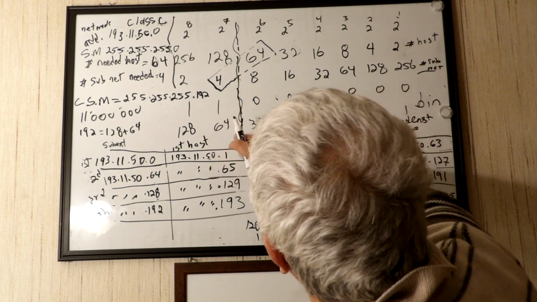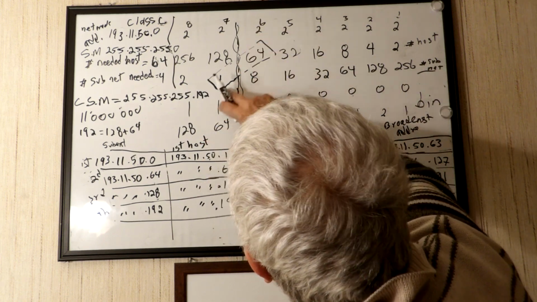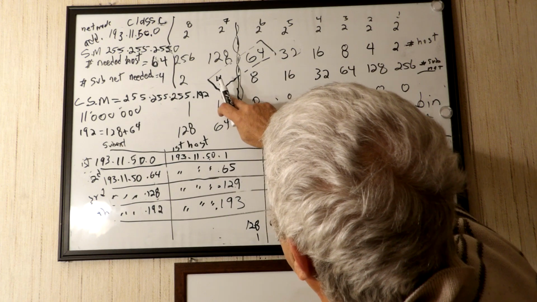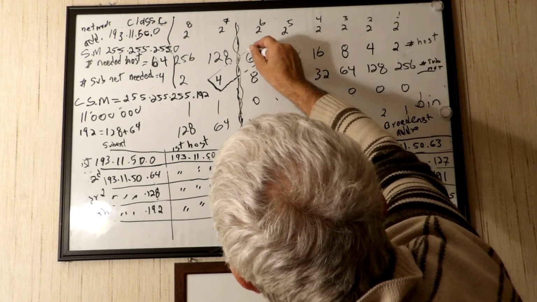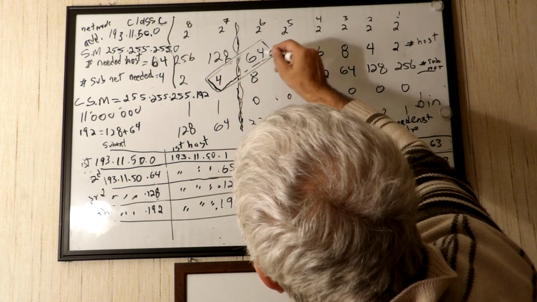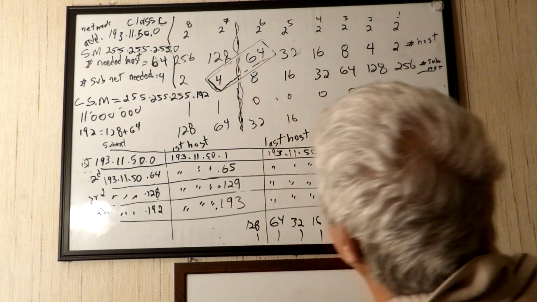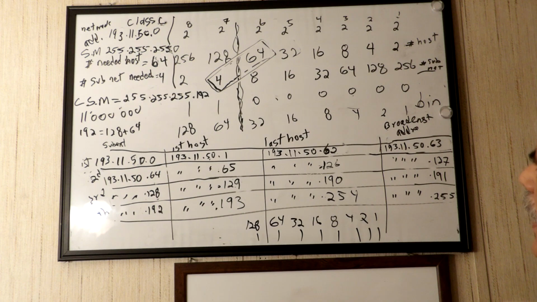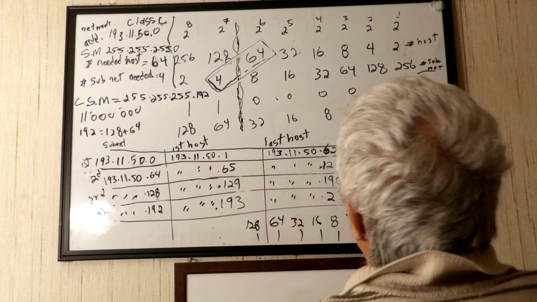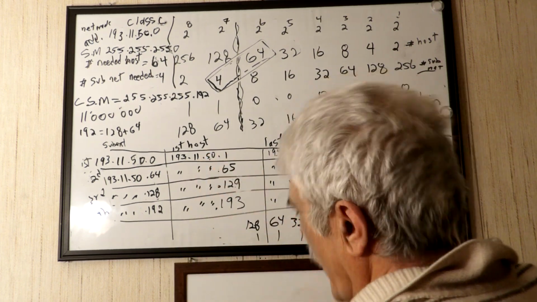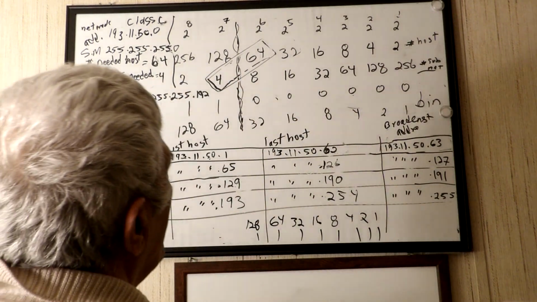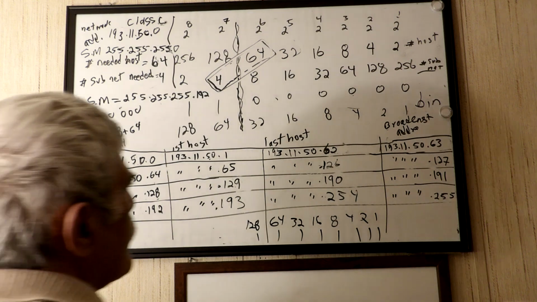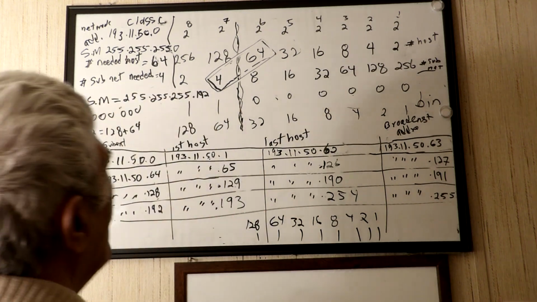And then when you draw the line, you see that you need 4 subnets. You draw this rectangle. It means for 4 subnets, every subnet has 64 hosts, and then if you write it like this, it's going to be, well, I should.